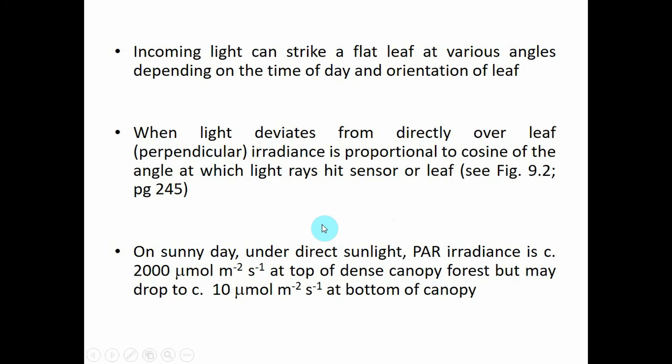If it is not perpendicular, or it deviates from that perpendicular incoming light, we have to recognize that that energy is going to be lost and it's not going to be absorbed by the leaf. And so we have to take into consideration at what angle it's hitting. And because we have to do that, we will minus that cosine.